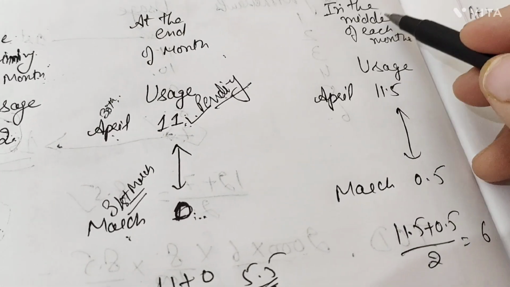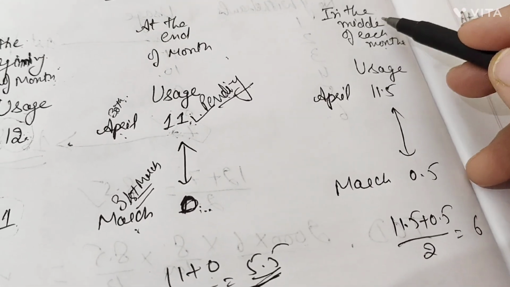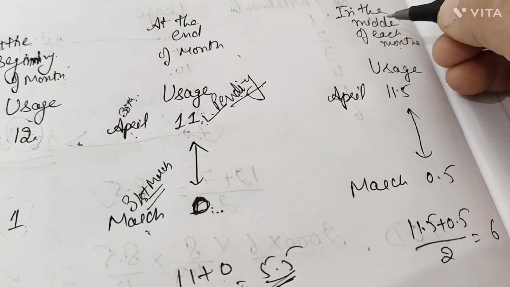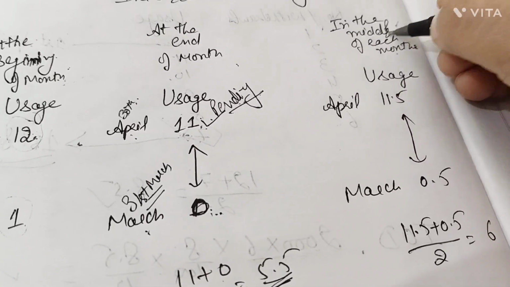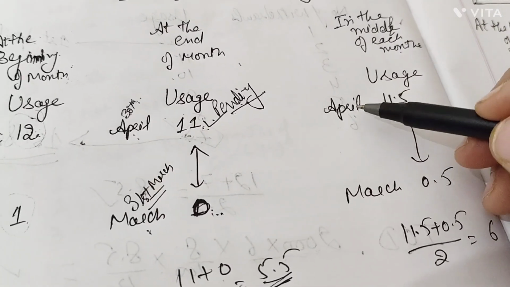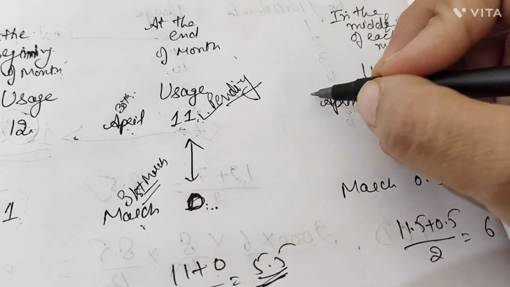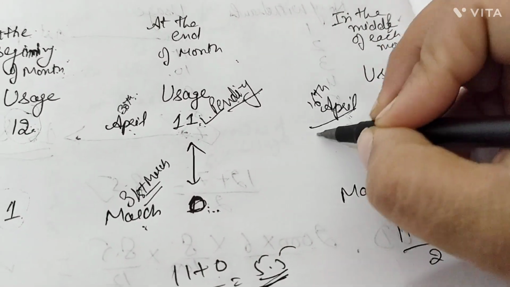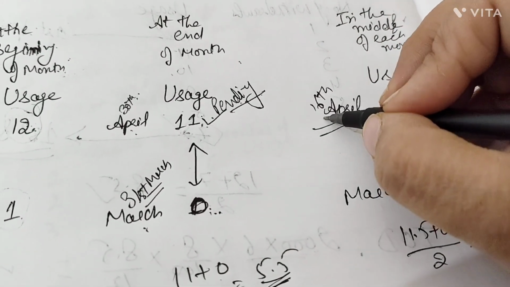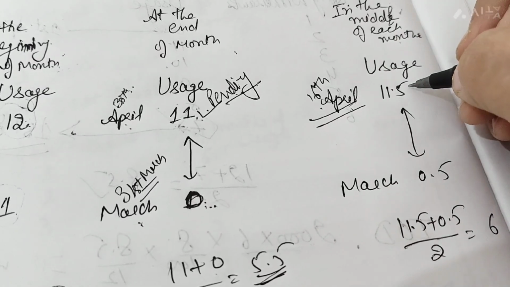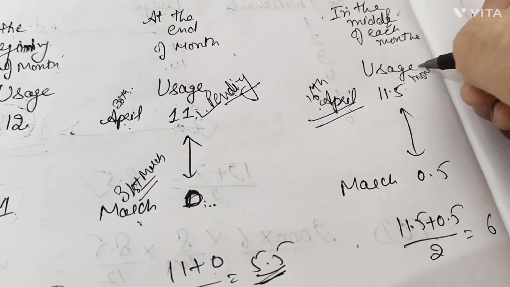If it is in the middle of each month, what does that mean? Middle means when it is the middle of your April month, 15 days have gone. So if you have withdrawn the amount on 16th of April, 15 days have gone. So how many months can you make use of this amount?